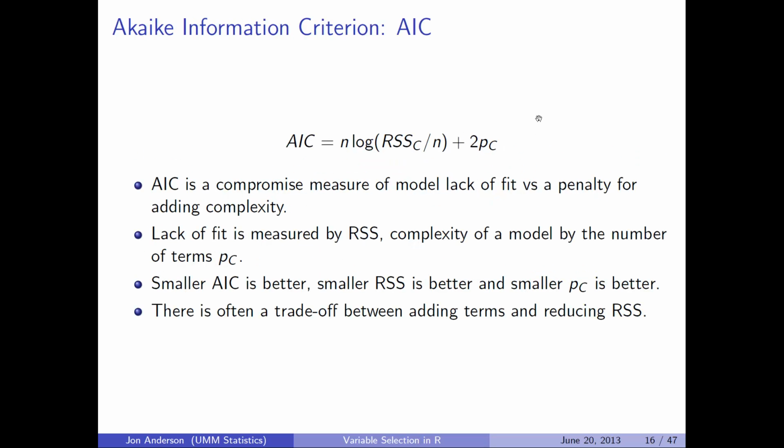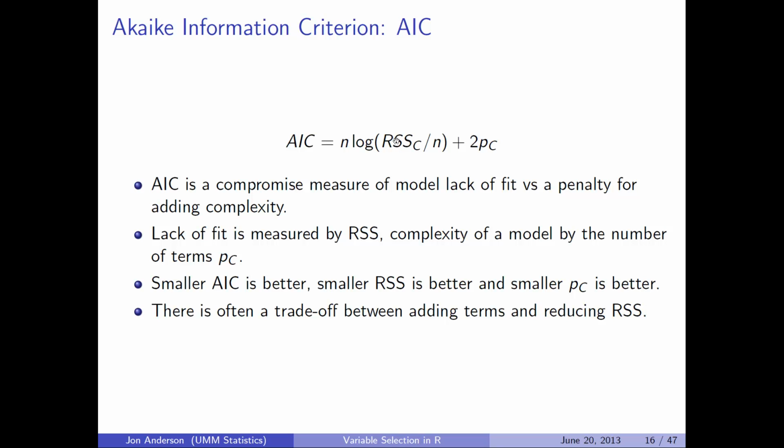And a way to quantify how good your model is is the Akaike Information Criterion, AIC, and it's really made up of two terms. The first term is based on the residual sums of squares of your candidate model.